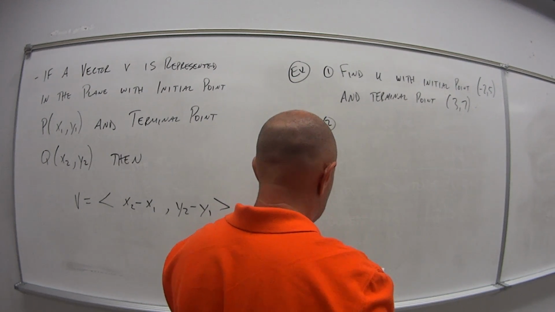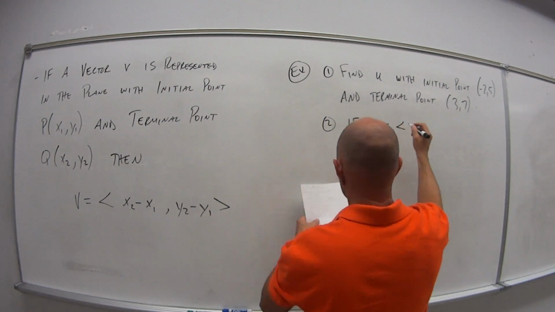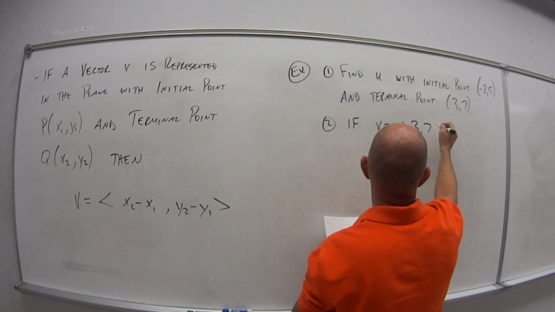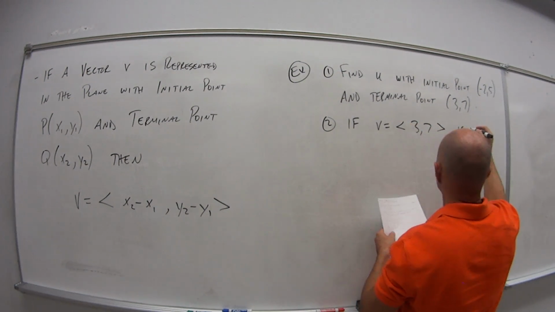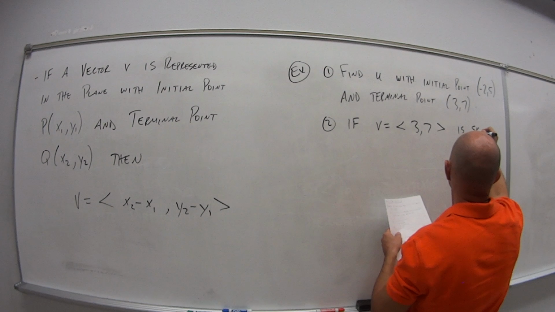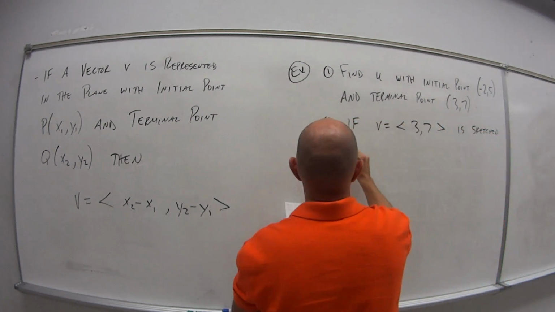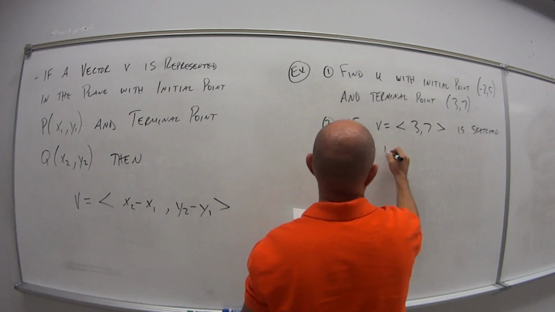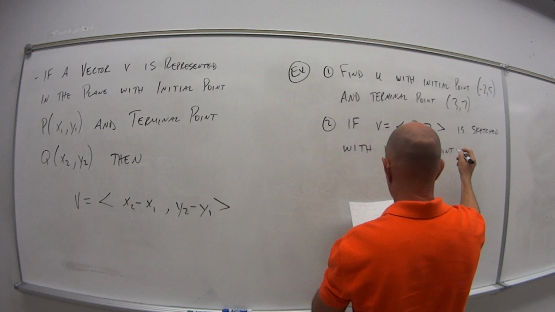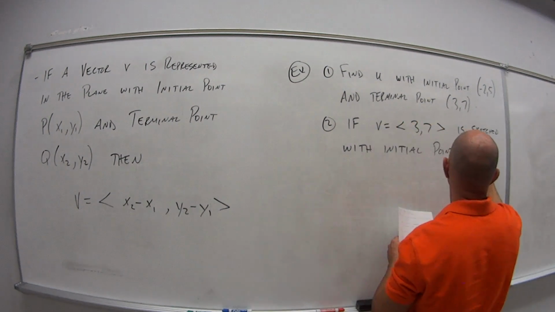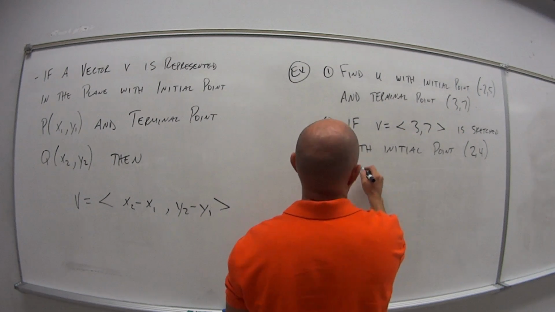And then a new question: if some vector v has dimensions 3, 7, so if this vector is sketched with initial point (2, 4), what is the terminal point?